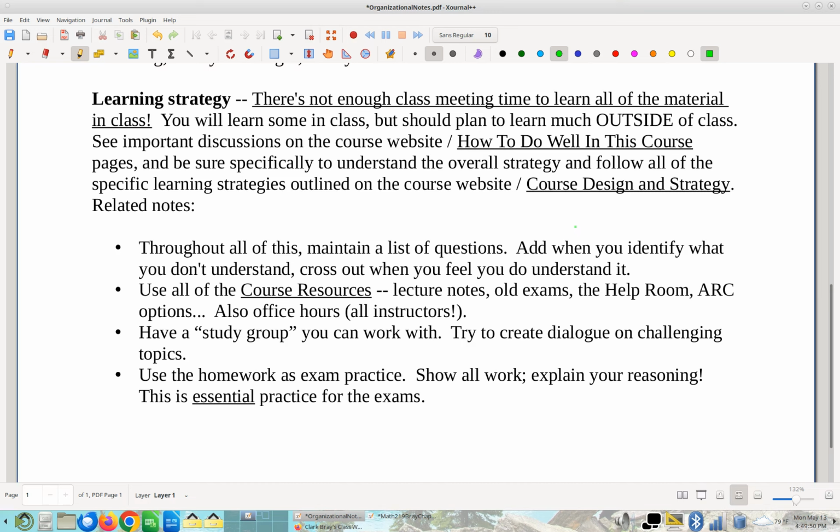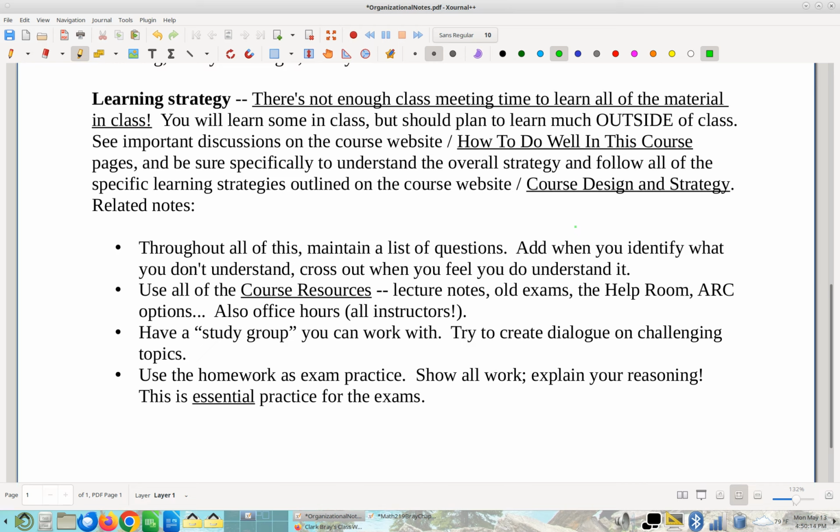The reasonable strategy a lot of students would use is to go to class, go home and do the homework, and then right before the test, review things. Everyone's different. Very importantly, that is not how this course is set up.